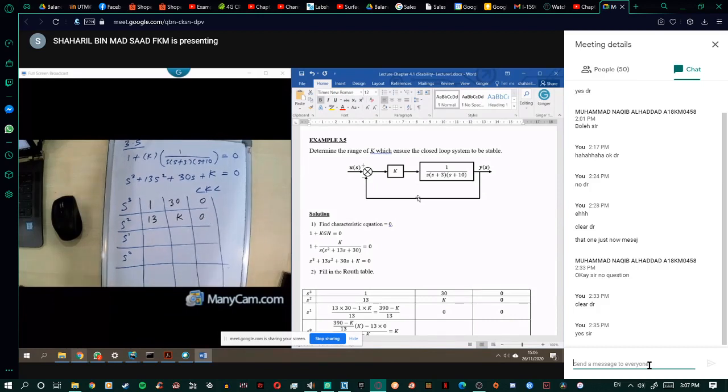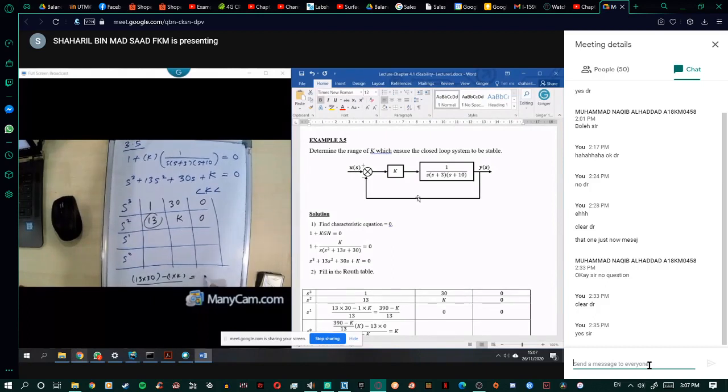Alright, so this one for s1, sorry, divide with 13. Okay, 13 here, divide with 13. 13 times 30 minus 1 times k here.